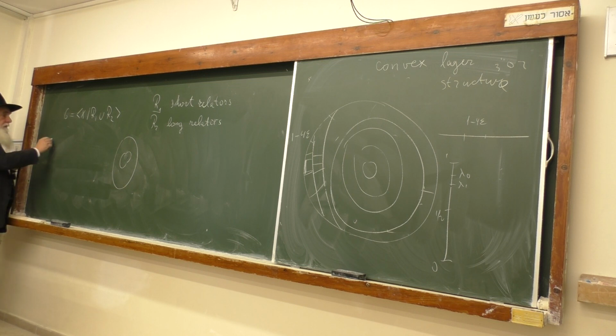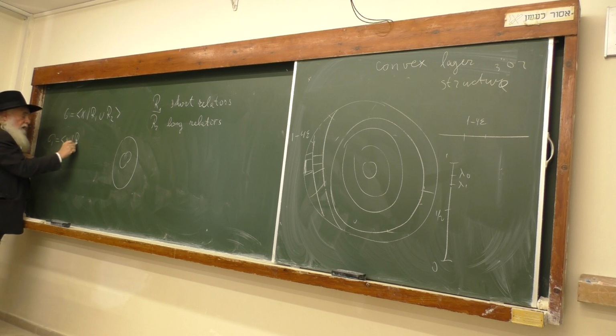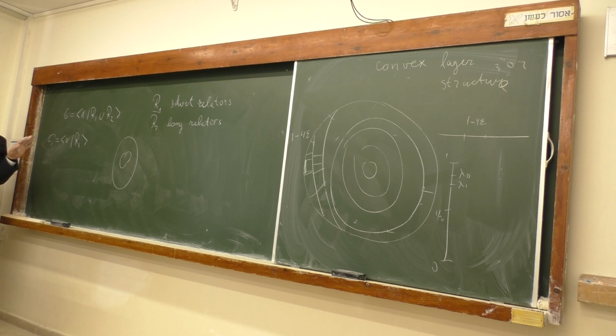So we have the group G1, which is X over R1, and this will be a small cancellation group. Now we have to impose additional relators R2, which are long relators.